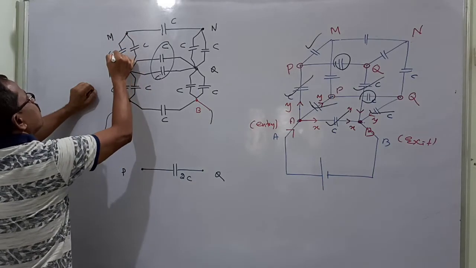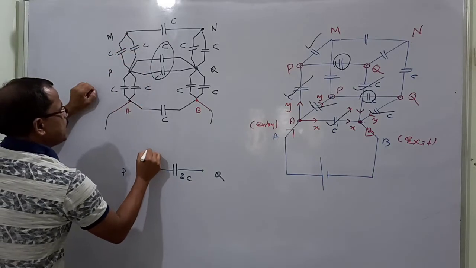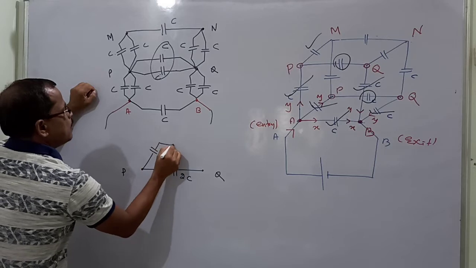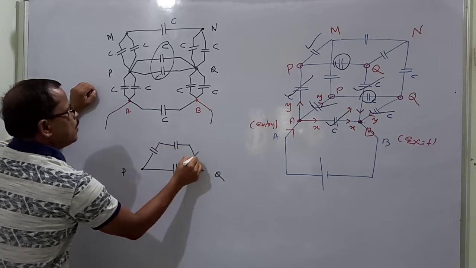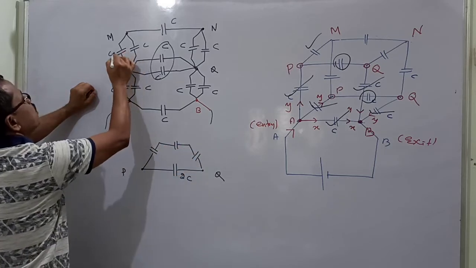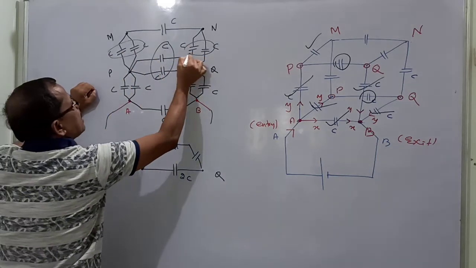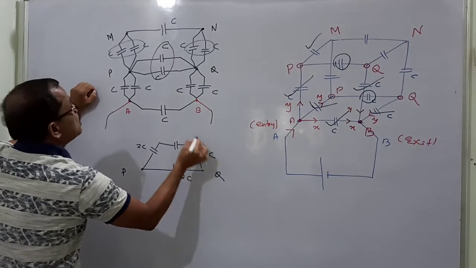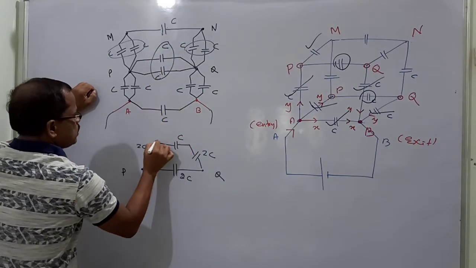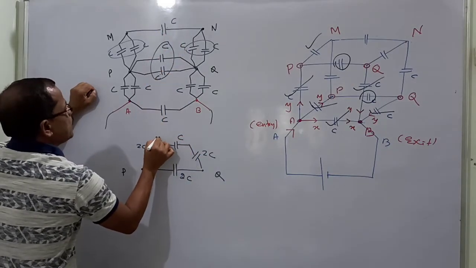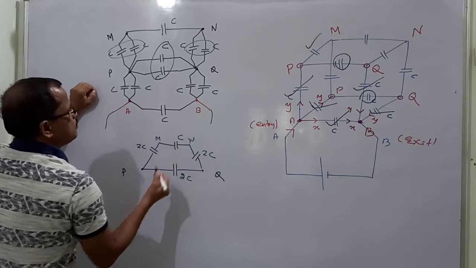From P to M, also parallel. So this is 2C, this is 2C. These two parallel give 2C. This is C, this point was named M, and this point was N.